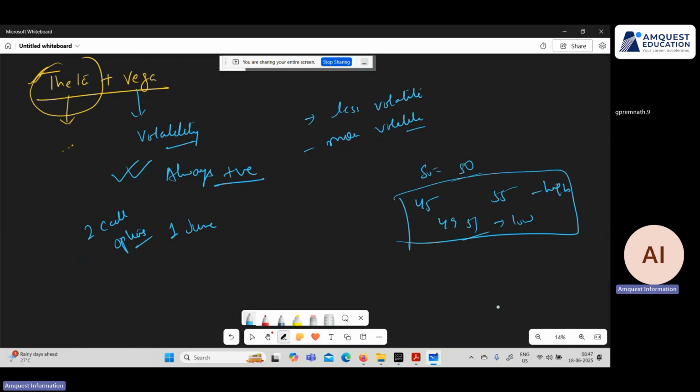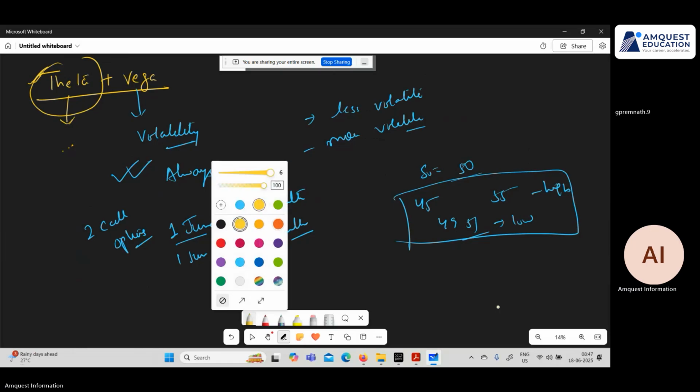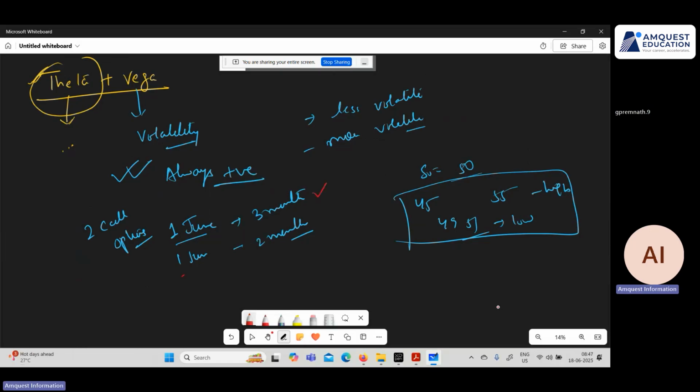So this is what I'm about to say. On 1st June, if you have a 3 months option versus a 2 months option, which one has more Vega? The 3 month one. The 3 month has more Vega, and why?